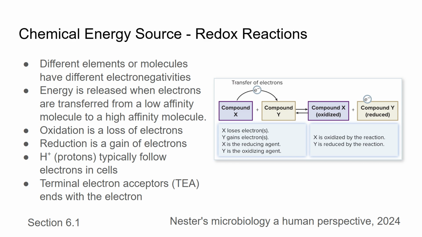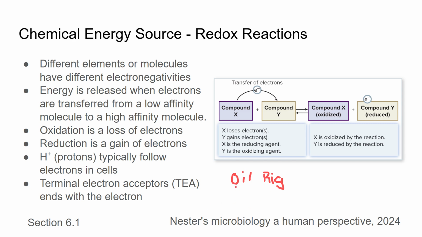So this is what we're going to call a redox reaction, or a reduction-oxidation reaction. So oxidation is a loss of electrons. So if a molecule loses electrons, it's being oxidized. If a molecule is gaining electrons, it's going to be reduced. And the way that you can remember that is oil rig. So oxidation is loss, and then reduction is gain, oil rig.